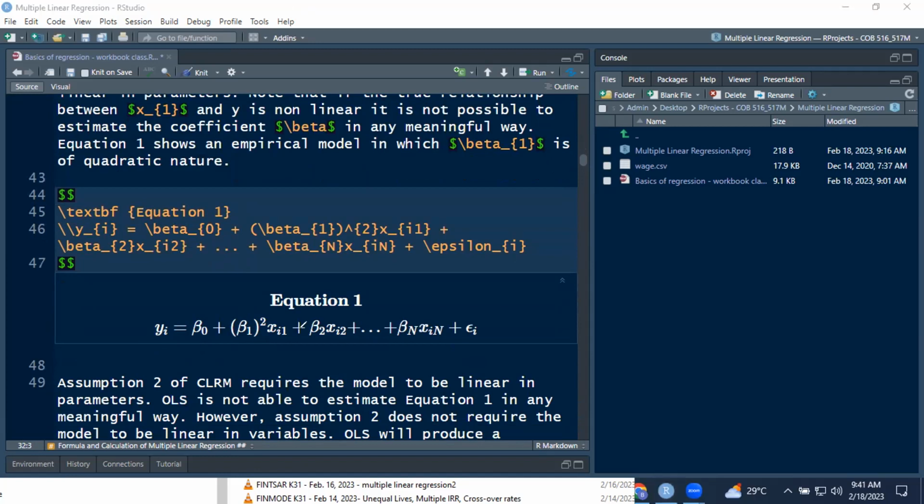si beta 2 naman naka-square root. Si beta sub n naka-log. Tapos siguro si beta, let's say beta 3, naka-1 over beta 3. Kasi pag 1 over beta 3, it's equivalent to beta 3 to the negative 1. No? May exponent din na negative.